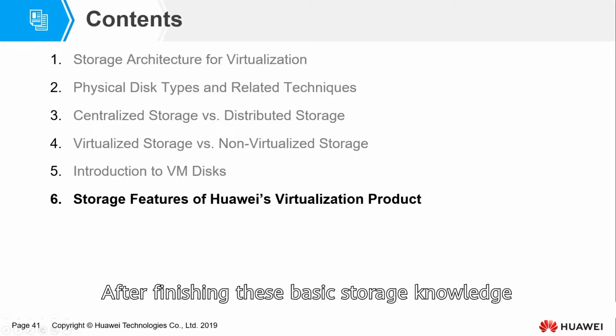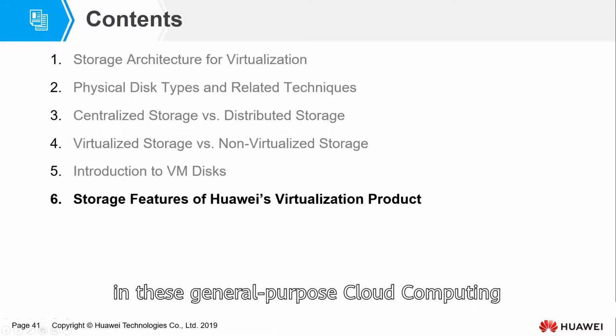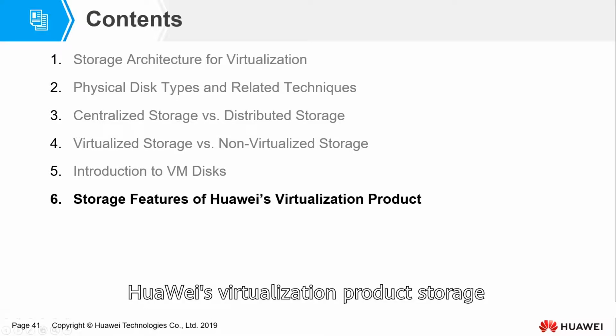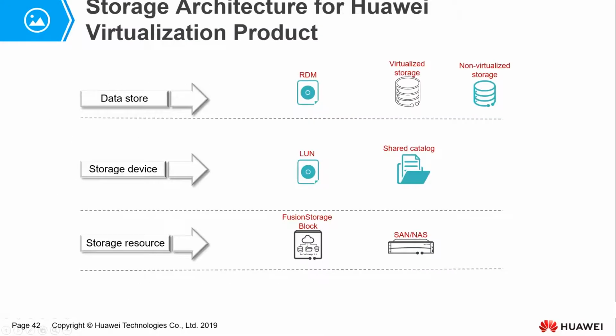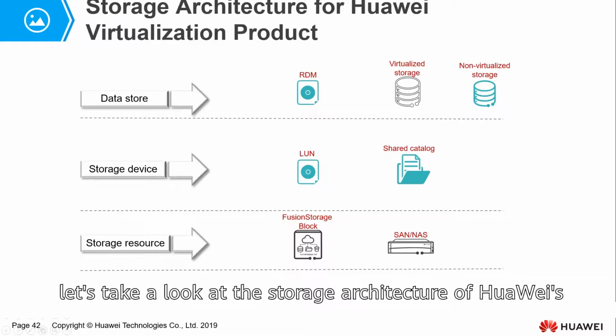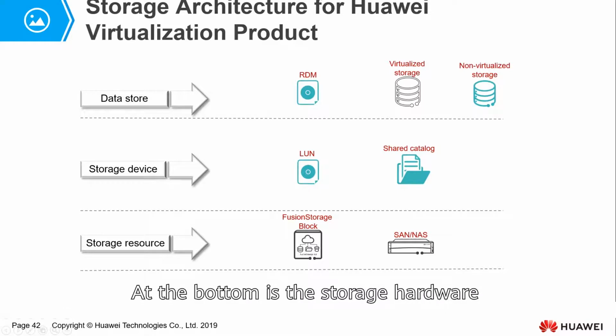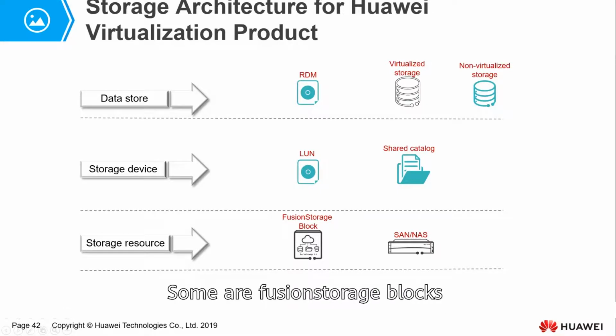After finishing this basic storage knowledge in general cloud computing, let's take a look at the characteristics of Huawei's virtualization product storage. First, let's take a look at the storage architecture of Huawei's virtualization products. At the bottom is the storage hardware. Some are efficient storage blocks.